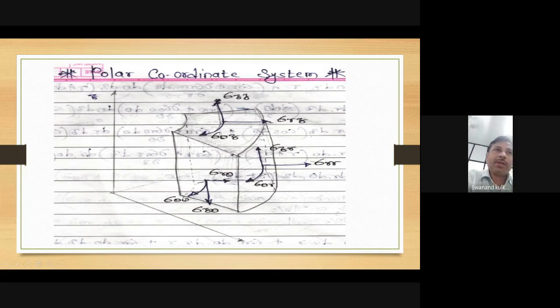Here, this is the z axis. The vertical axis is considered to be the z axis, and the stress along the line parallel to this z axis is represented by sigma zz. The stress along z is sigma zz. Similarly, the stress along the radial direction is sigma rr, and the stress along the angular direction is sigma theta theta.